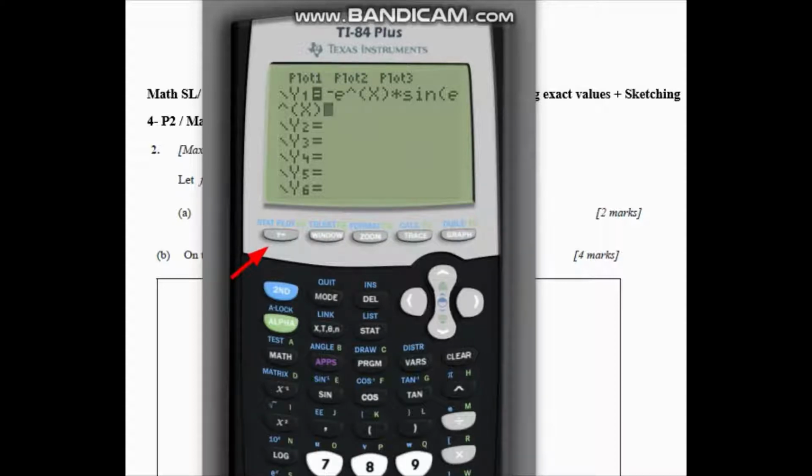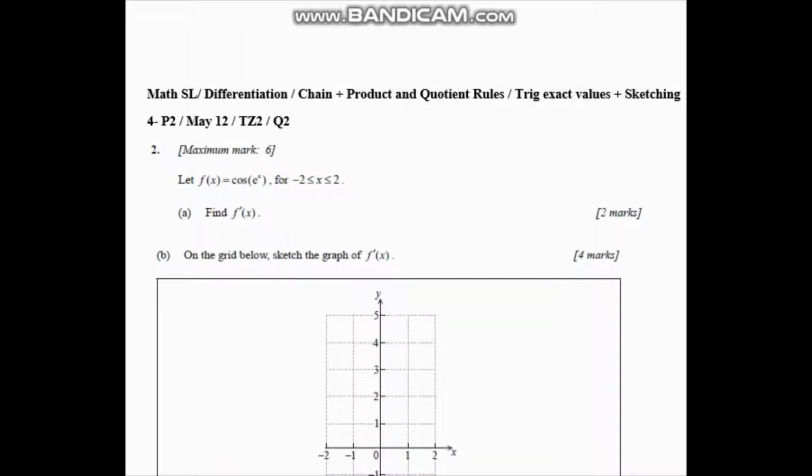And now I shall click on the window button to match my domain to the one specified in the question. Right there, negative 2 less than or equal x less than or equal 2.